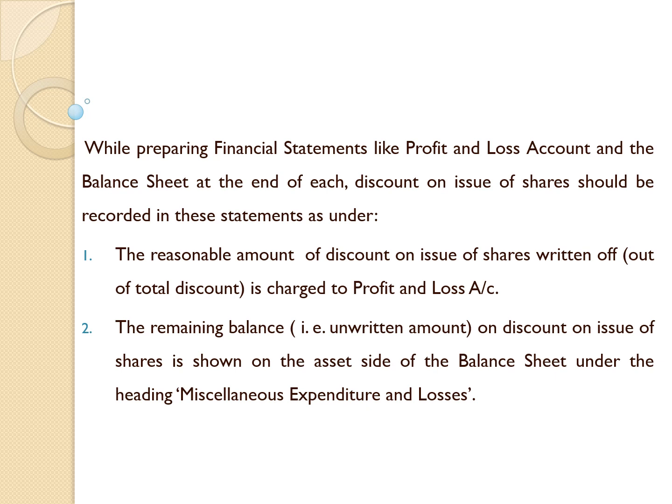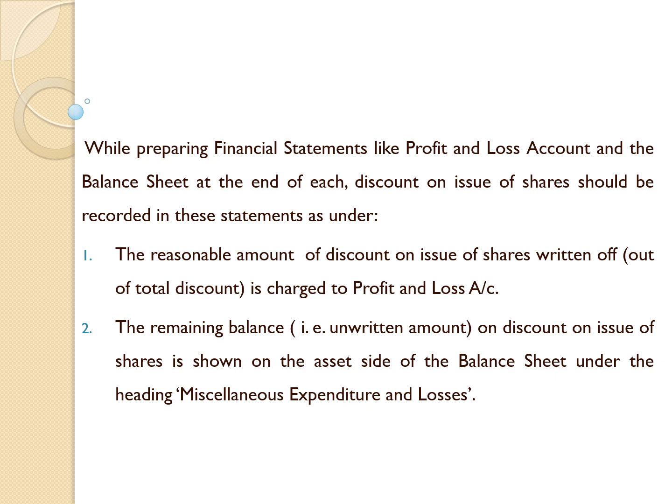While preparing financial statements like the profit and loss account and the balance sheet at the end of each year, generally these financial statements are very important in relation to stakeholders.